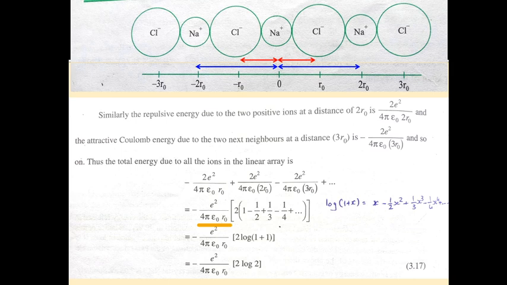Now if I look at this particular series, I observe that e square upon 4 pi epsilon 0 r0 I can take as common. Then the series will be rewritten within the square bracket, and it would be represented in a similar power series, like log of 1 plus x is equal to x minus 1 half x square plus 1 third of x cube minus 1 fourth of x to the power 4.